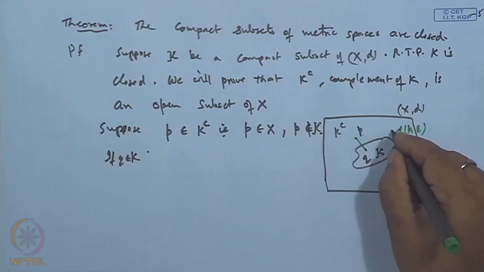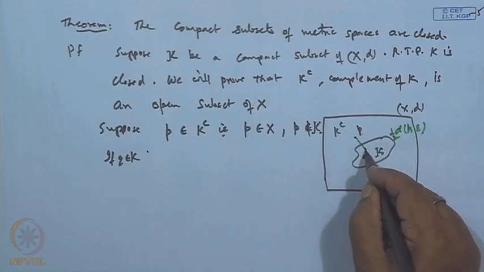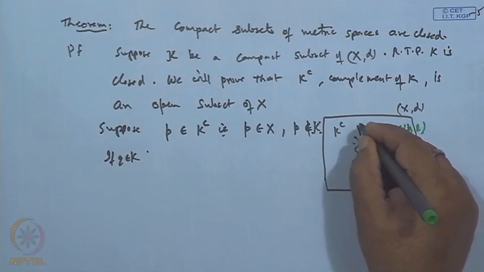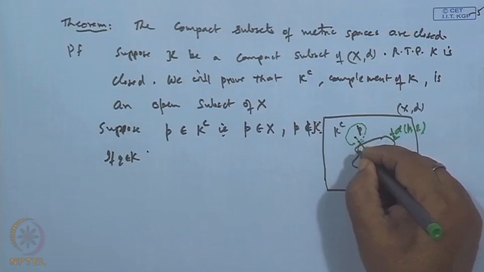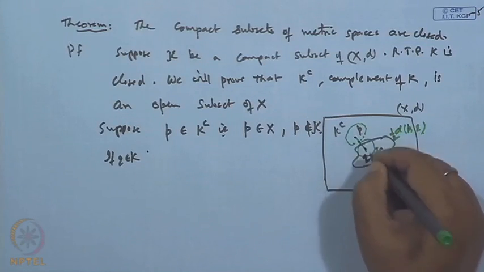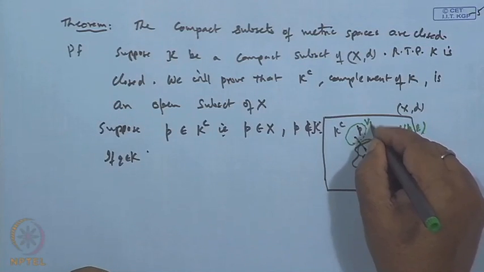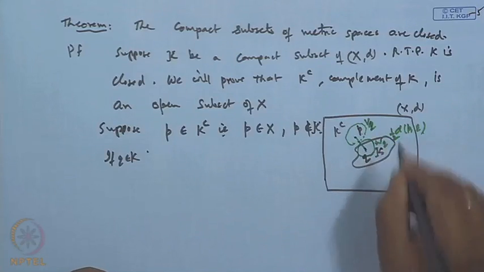If I take a radius less than half of the distance of p q and draw the neighborhood around these points like this, then these neighborhoods will be disjoint. Let this neighborhood be denoted by V p and this neighborhood we denote by W q.